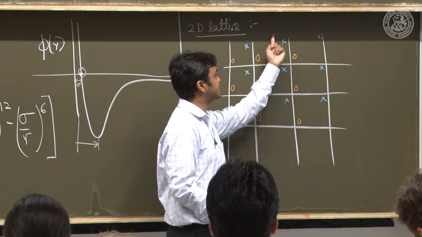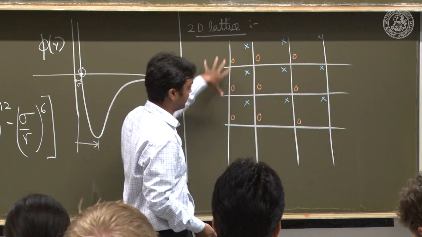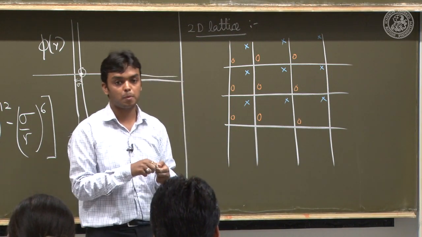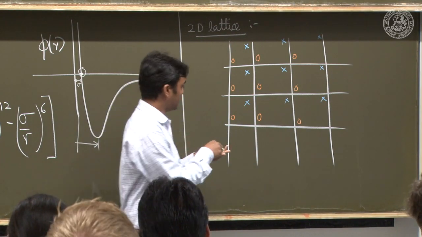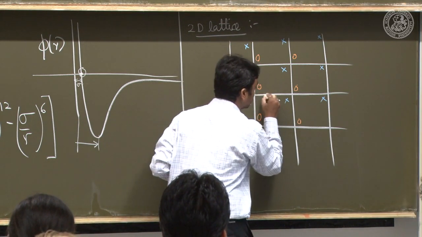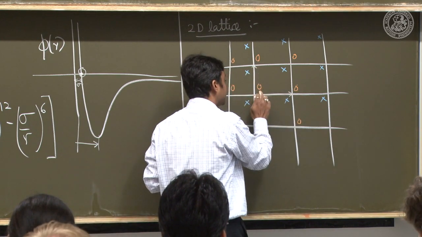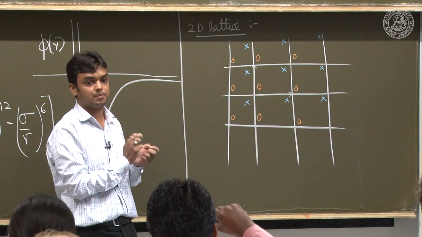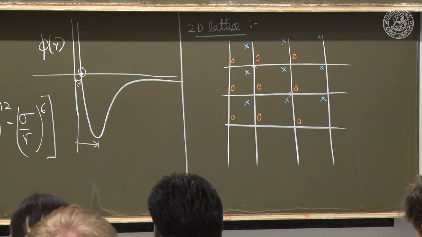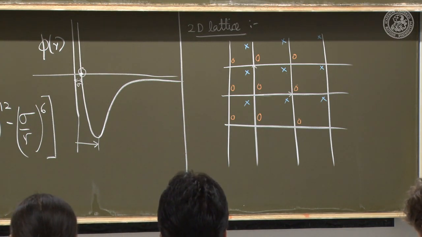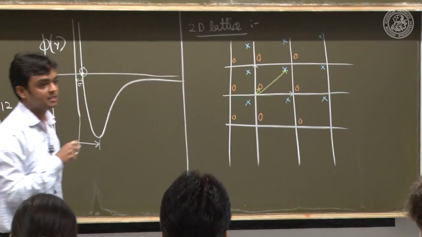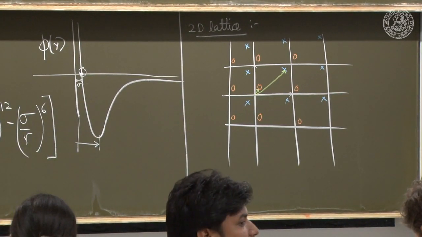If you translate this in this direction, you generate the whole crystal like this. So the idea here is to identify the basis atoms and the lattice vectors. Here the lattice vectors are these, and these are my basis atoms. So these are my two basis atoms, and these are the position vectors of the two basis atoms.